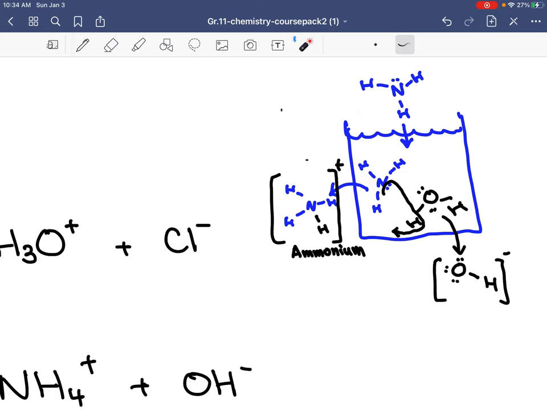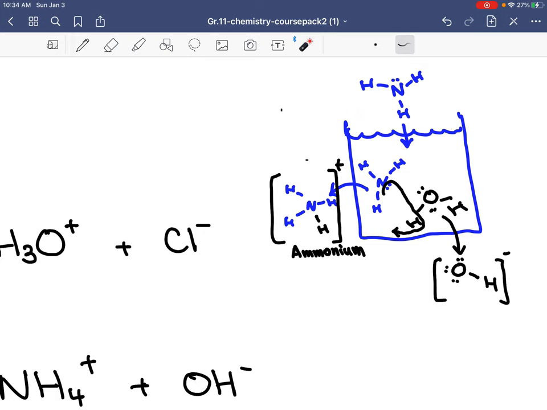Di means 2. Okay, so you're looking at an acid that has 2 hydrogens involved. Example, H2SO4. Okay, an example of an acid that is triprotic is this one right here, H3PO4, phosphoric acid. Now, they should have aq, but obviously I'm not putting the aq down.